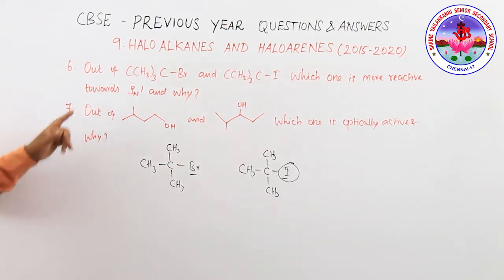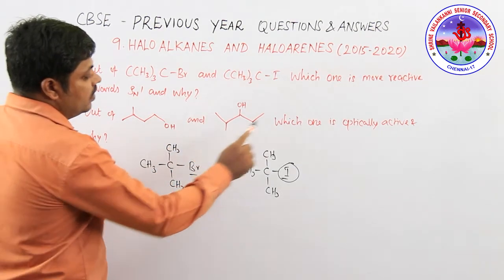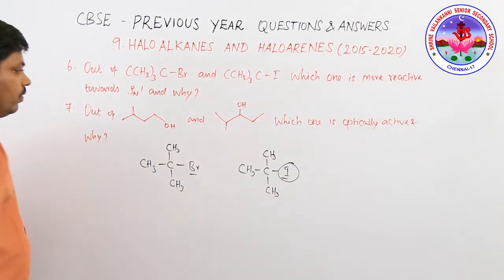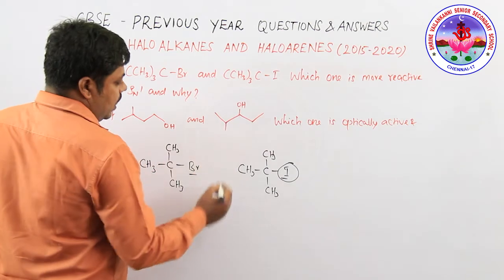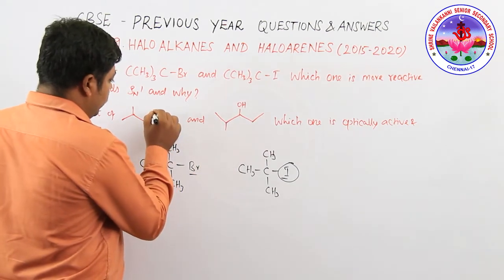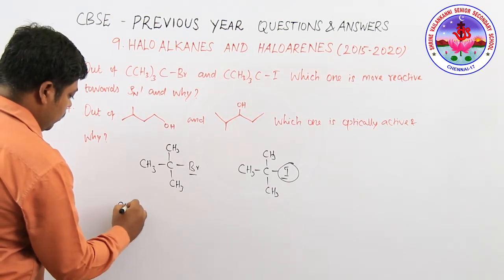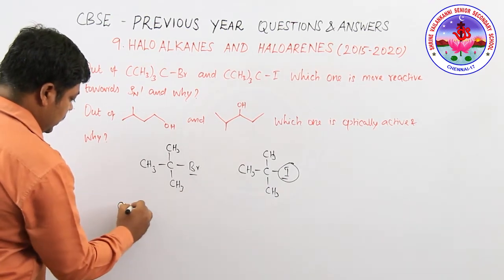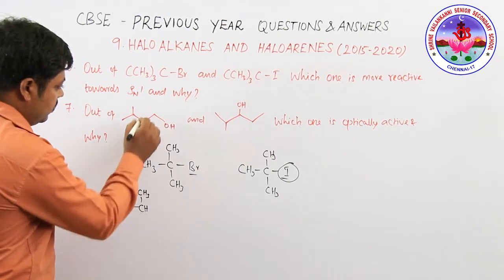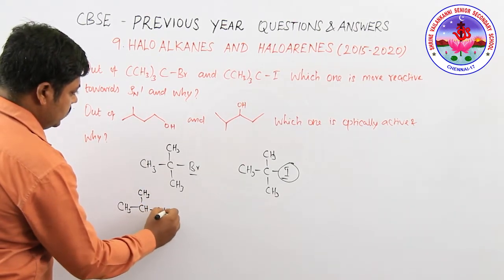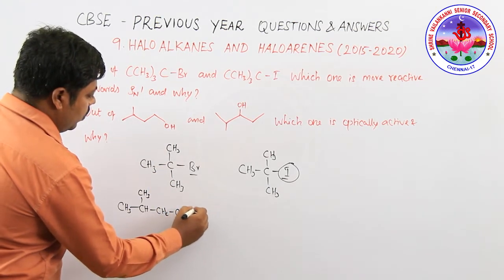Then the second question answer: out of the two compounds given here, which one is optically active and why? Here, I am writing the structures in bond line form. This structure is CH3, CH2, OH.